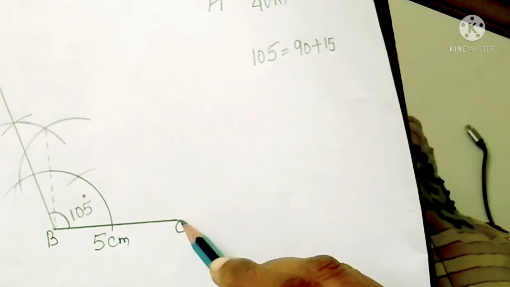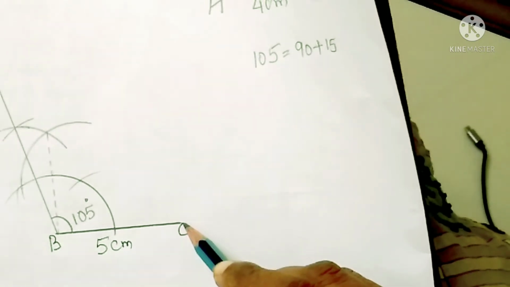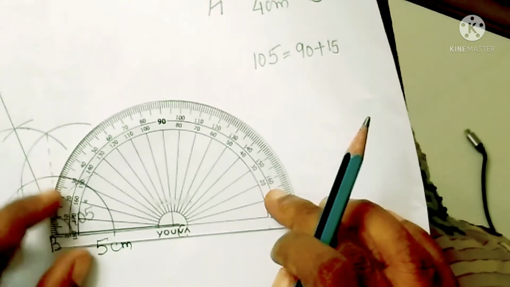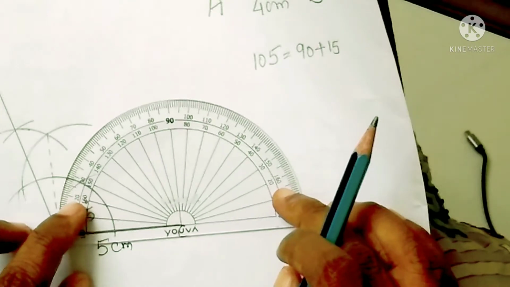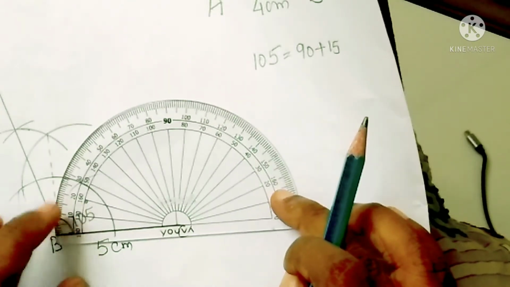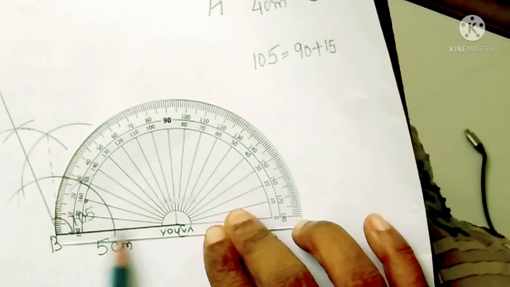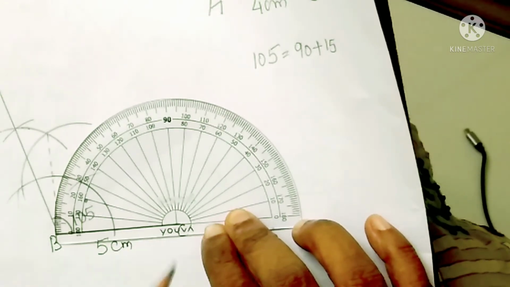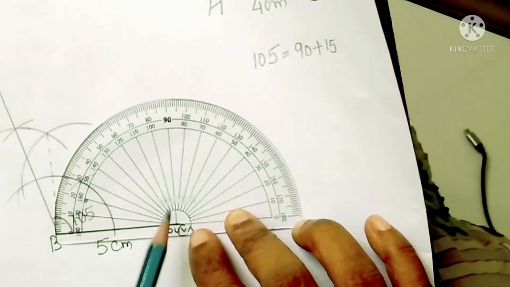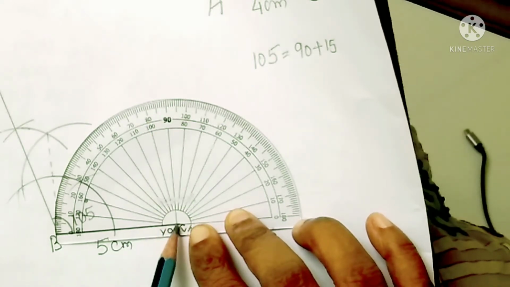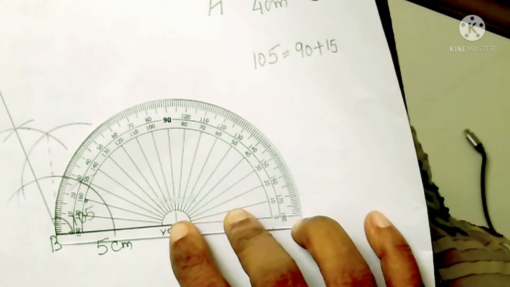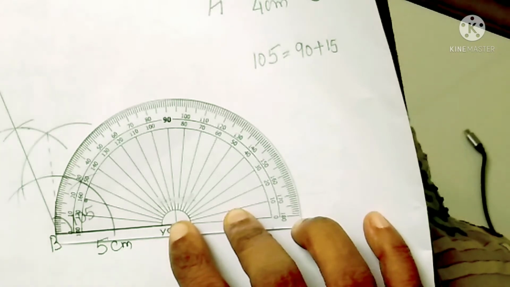80 degree we cannot make with a compass. So what we will do, see here, this line is called the baseline, along the given line. Keep the center point of the protractor exactly on the end point, and then count from where the line goes.